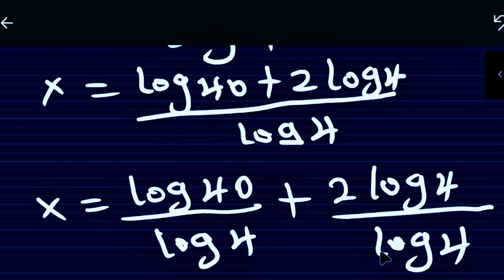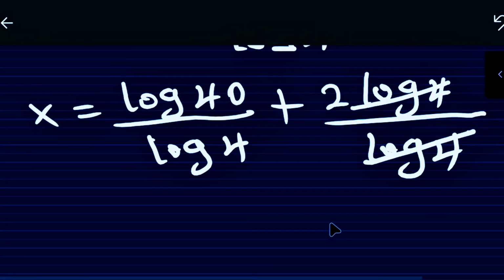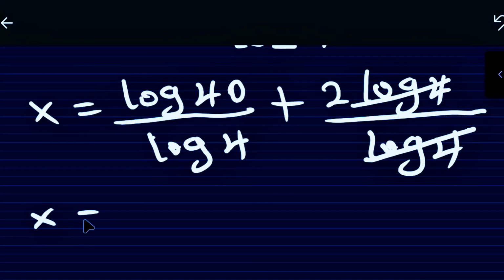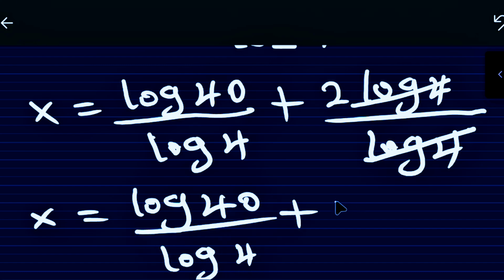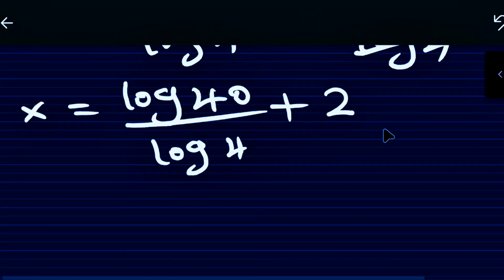From here, this log 4 will cancel out this log 4, and we are left with x equal to log 40 divided by log 4 plus 2. We are left with 2 here because 2 multiplied by 1 gives us 2.